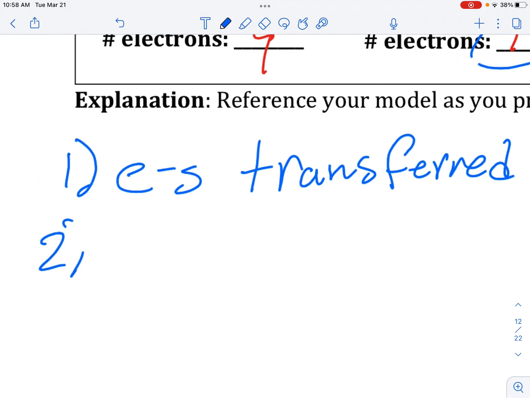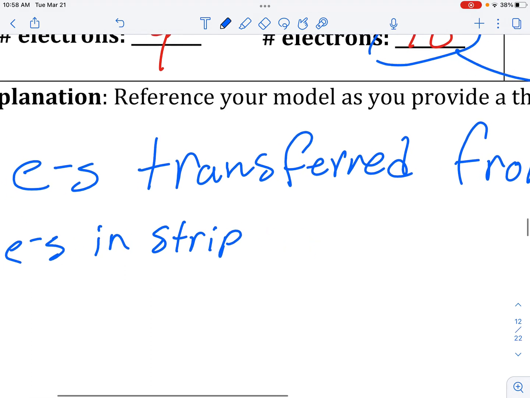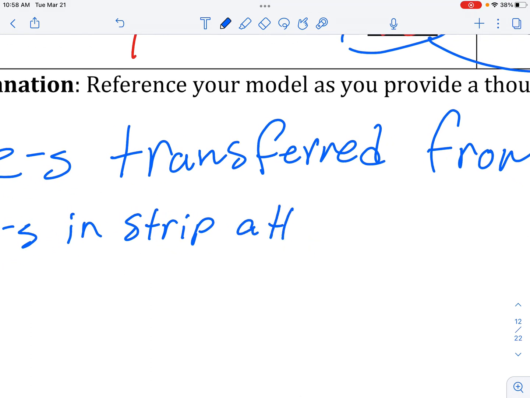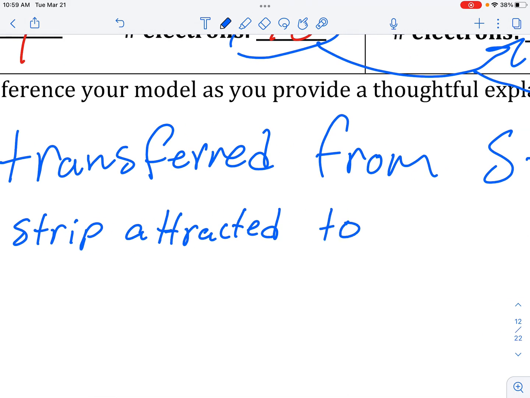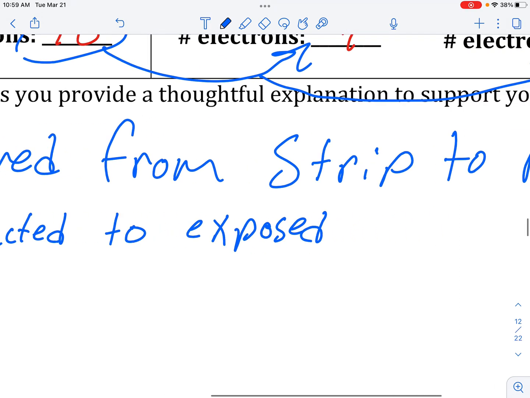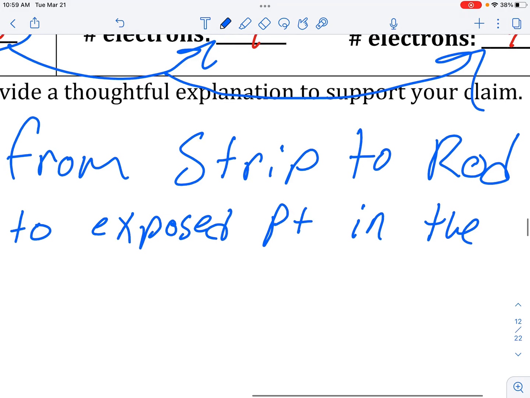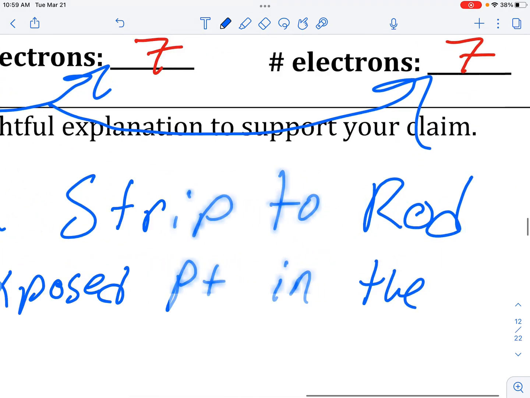And we'll say the electrons in the strip were attracted to the exposed protons in the rod.